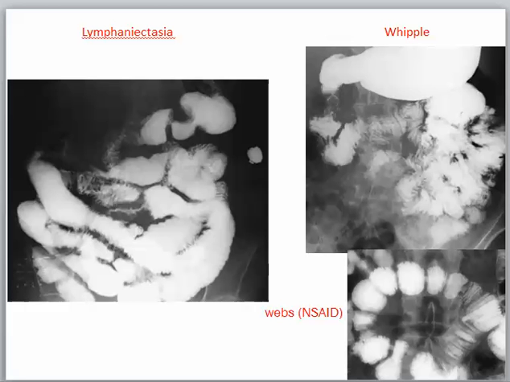Many diseases can cause thickening of the mucosal folds. The pseudowebs are seen in long use of non-steroidal anti-inflammatory drugs, and the thickened mucosa in submucosal infiltrations of Whipple, causing thickening of the mucosa, and in lymphangiectasia, like this area, like that area.